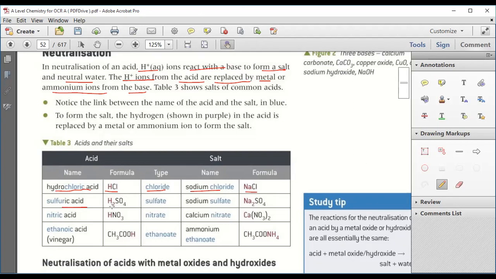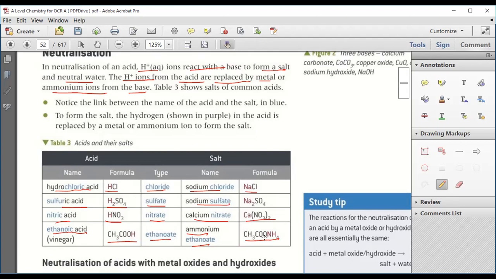Sulfuric acid, H2SO4, sulfate, sodium sulfate, Na2SO4 is formed. Nitric acid, HNO3, nitrate, calcium nitrate. Ethanoic acid, CH3COOH, ethanoate, ammonium ethanoate. Is that clear?